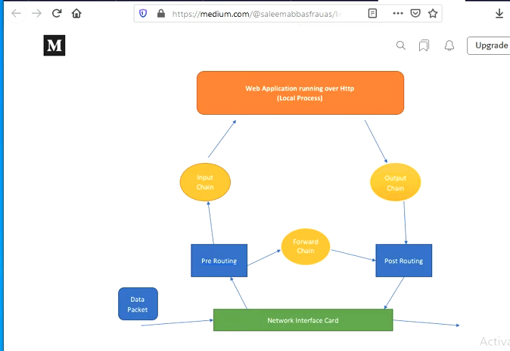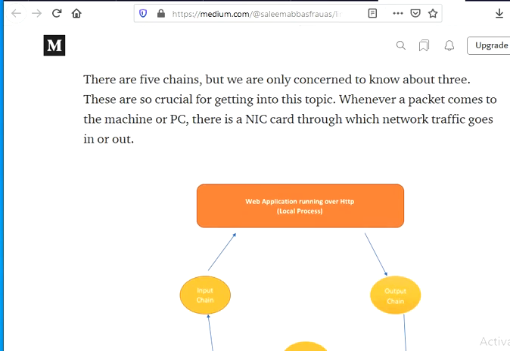I'm going to tell you. Then it goes to the output chain, then to the post-routing, and then out. If the packet is not destined to that machine, then it goes to the forward chain. That's how it works.